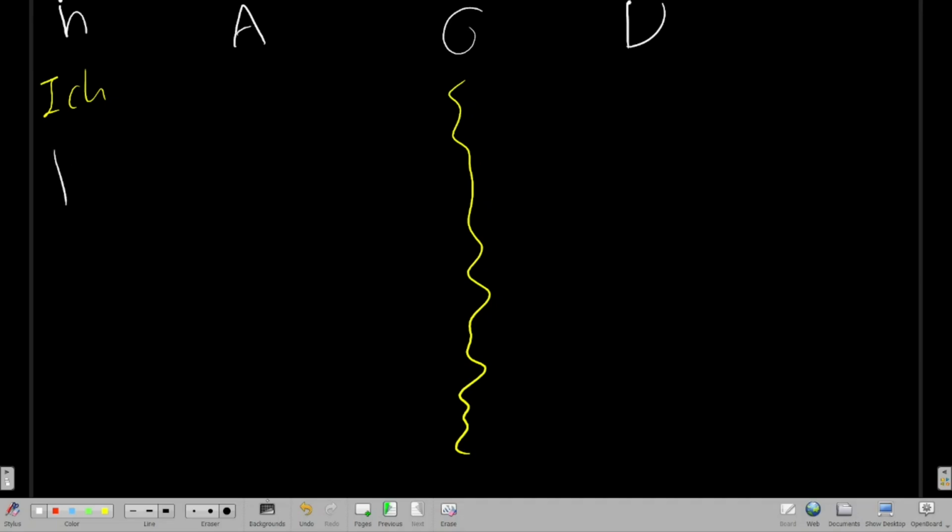Ich meaning I. Then we got du meaning you. For the third person, exactly like English, we got er, sie, and es.